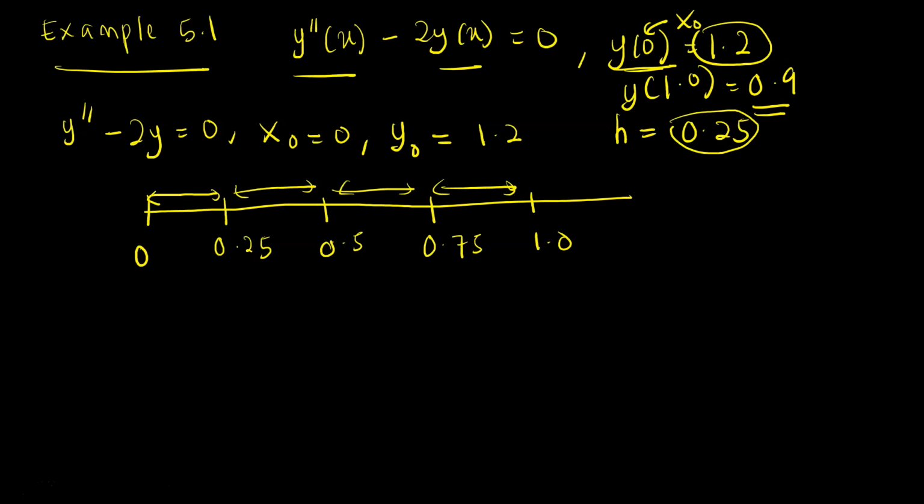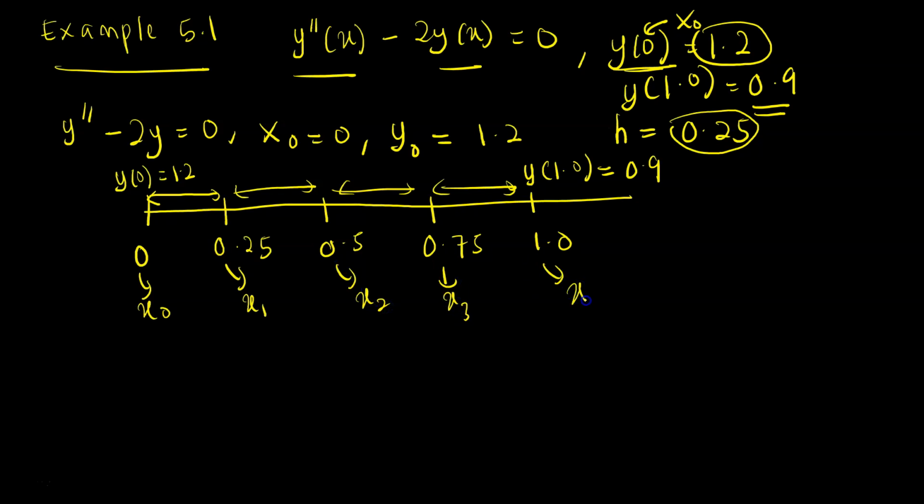And then this is y at 0, which is equal to 1.2, and the last one is the y value at 1.0 given in the question, 0.9. This is our x0, x1, x2, x3, and also x4. So here I can write y0, and you will find y1, y2, y3, and the last one is y4, by using the shooting method.